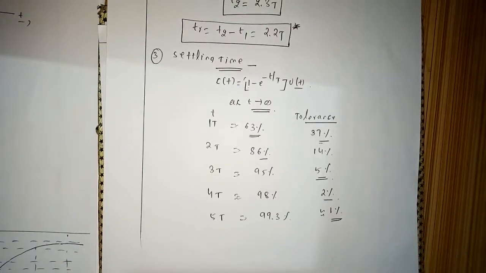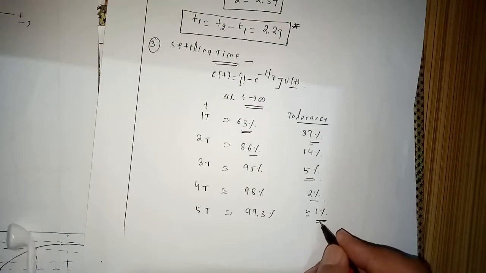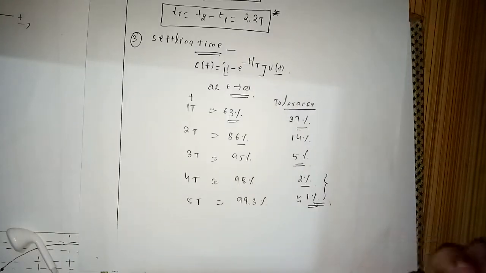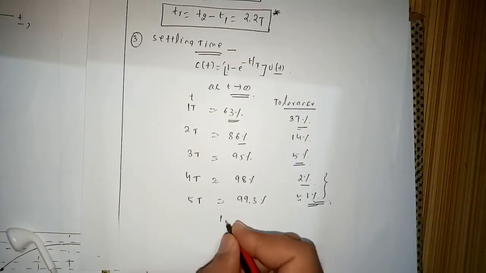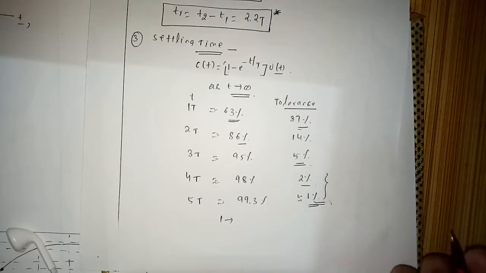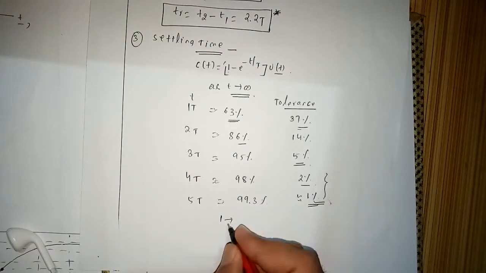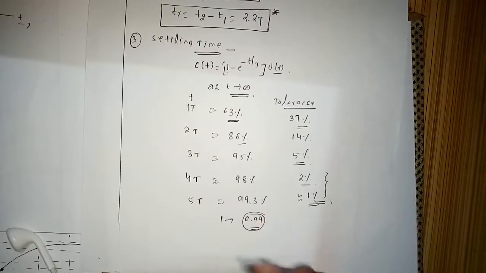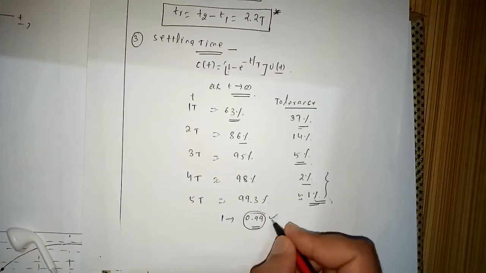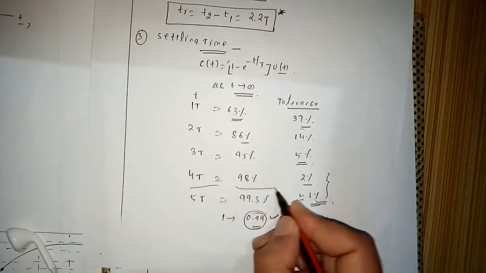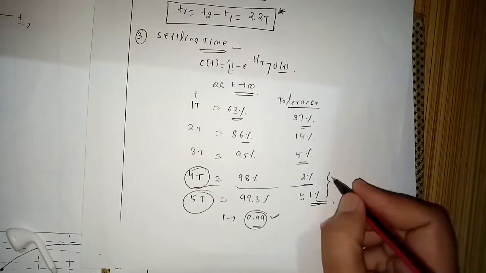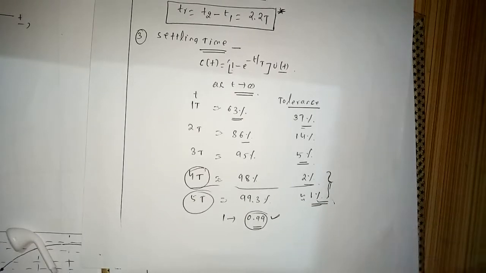So generally we will accept this kind of tolerance, 1% or 2%. Why? We need to have output 1, and its 1% comes out to be 0.999. So these things we can accept. So generally we can take 4 time constants or 5 time constants. That will be given in the exam.